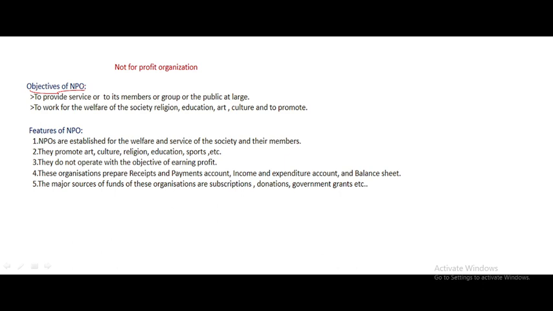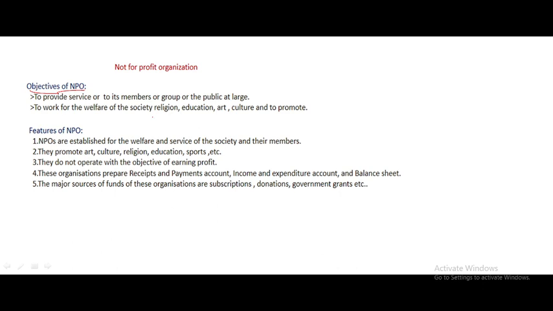Second objective of NPO is to work for the welfare of the society, and to promote religion, education, art, culture, etc.